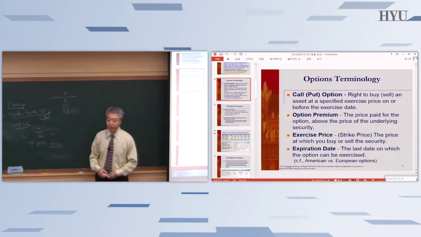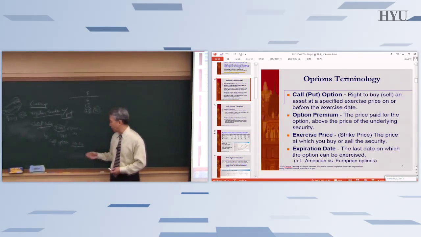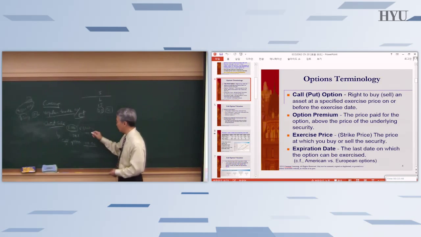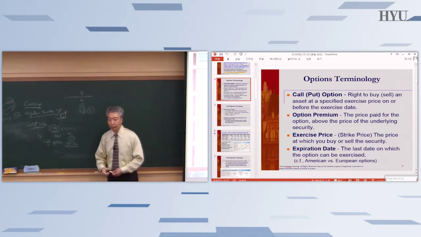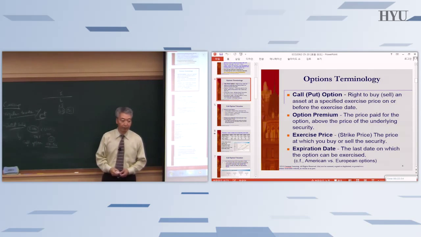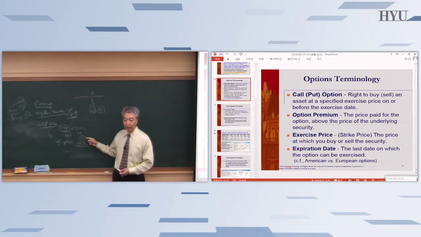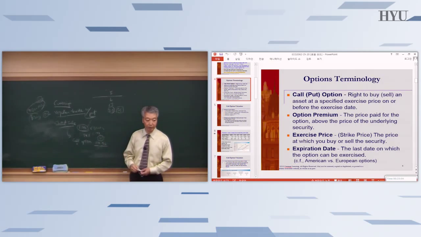So, in case by the February expiration date, Volkswagen stock price went up to $120 instead of going down. It went up to $120, right? Then you're going to lose $20 per share, right? Because you have to buy Volkswagen stock and you have to return that stock to the brokerage house, right?